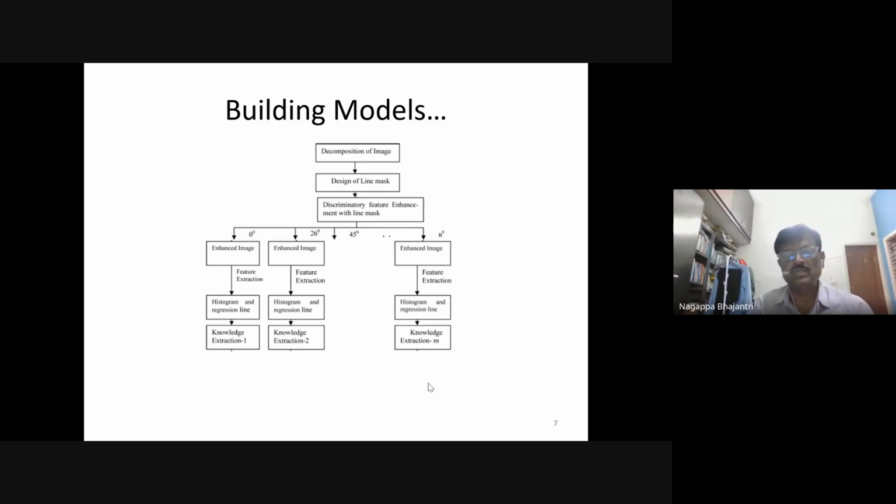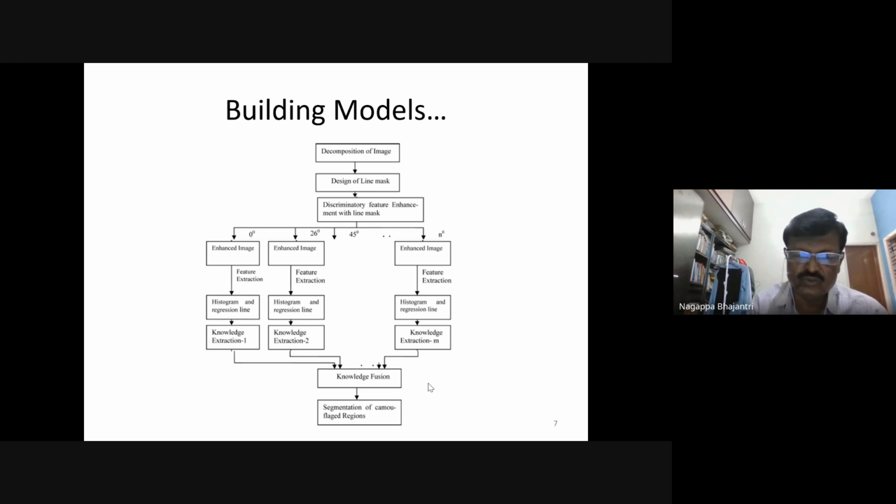Eventually we club them, we fuse them. Once the knowledge is formed, that is a fused one, we get the camouflage set as well as the uncamouflaged set. There, with a clustering technique, we should be able to identify them. We will be able to notice the segmentation of the camouflage region here.